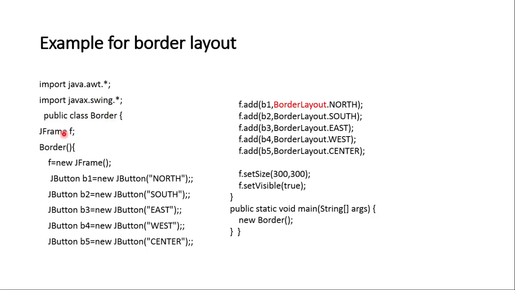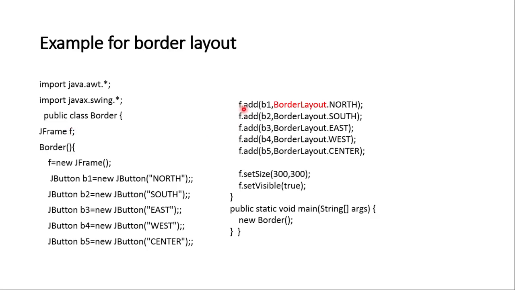We have seen what is frame, window, and all. There is a constructor, and an object is created, and I'm just going to place 5 buttons, and I'm just going to display some text over there like north, south. And I'm going to add all these things. We know that the JFrame reference variable is f.